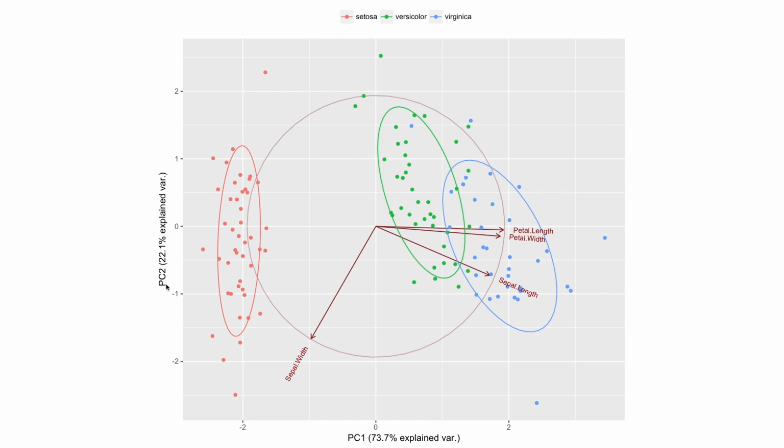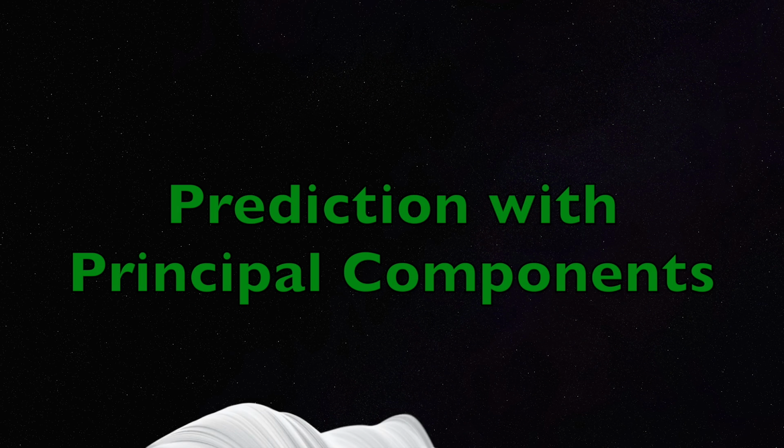Similarly, for principal component 2, let's say this point, a high value for principal component 2 automatically means that it will have low values for sepal width, because this is the dominant variable and it has negative correlation. So this biplot is a very important tool in principal component analysis to understand what's going on.